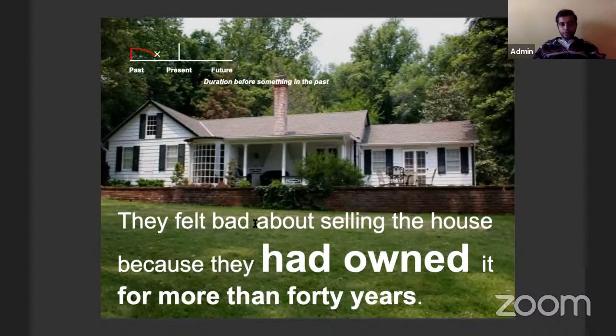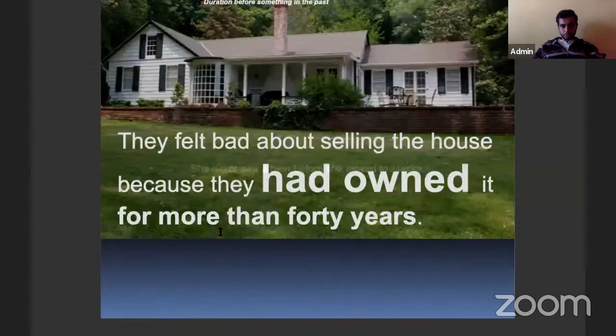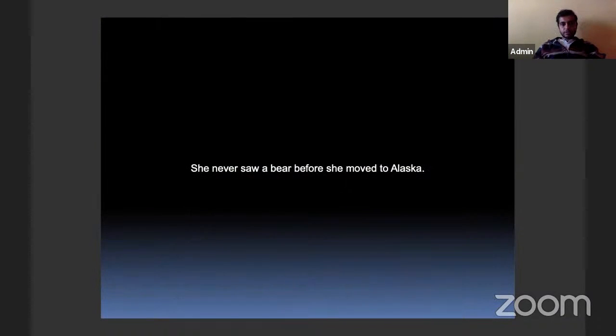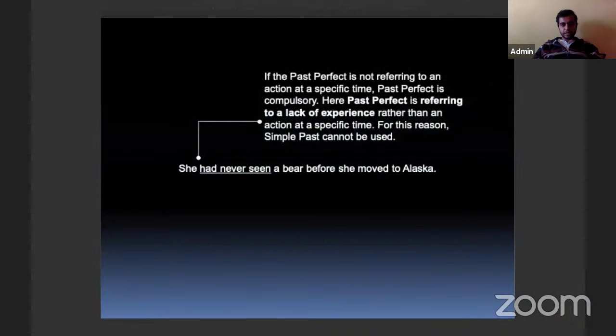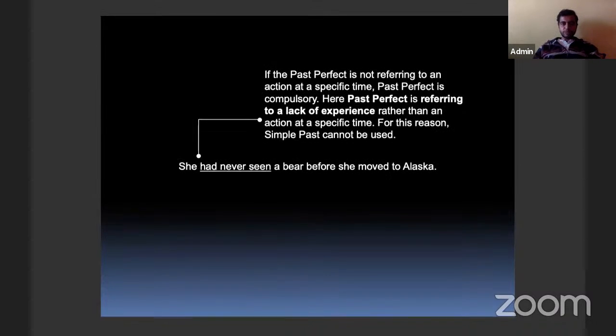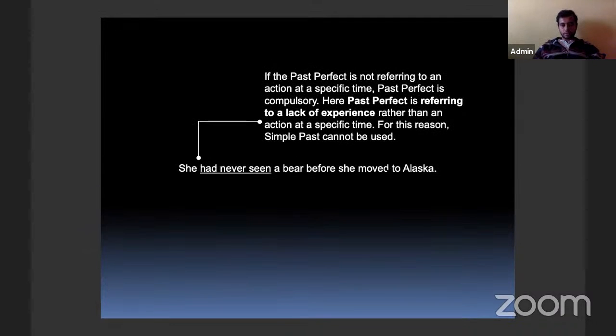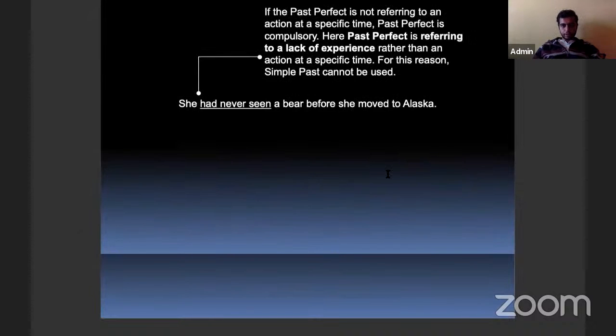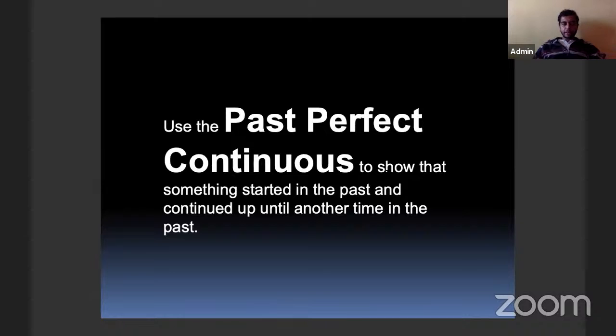Okay, had owned for more than 30 years, after which they felt bad for selling the house. She never saw a bear before she moved to Australia or Alaska, and she had never seen a bear before she moved to Alaska. Okay, because no specific time, so past perfect is not correct here.